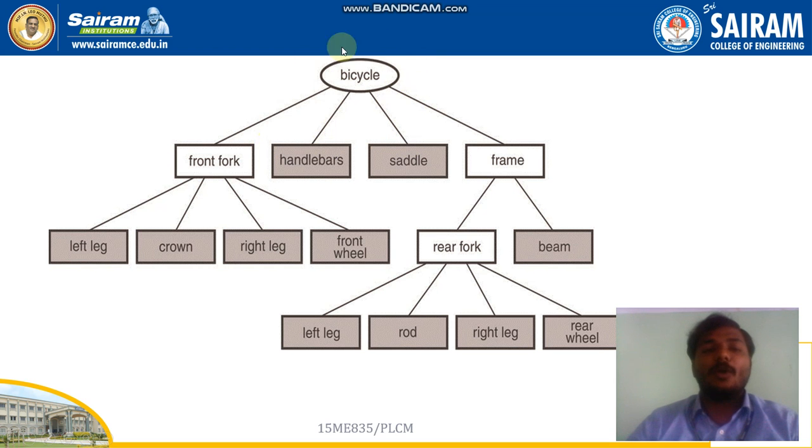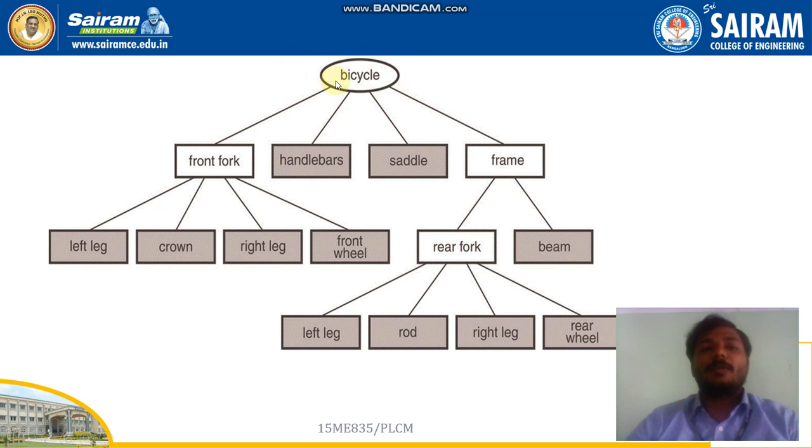But in the bicycle, you can see how the product has been classified further. First it has been categorized into 4 major components, or major assemblies. Then it is classified into sub-assemblies, and from there again into small parts. The small parts put together we call one assembly, all the sub-assemblies put together we call a main assembly, and all the main assemblies put together we call a complete product.